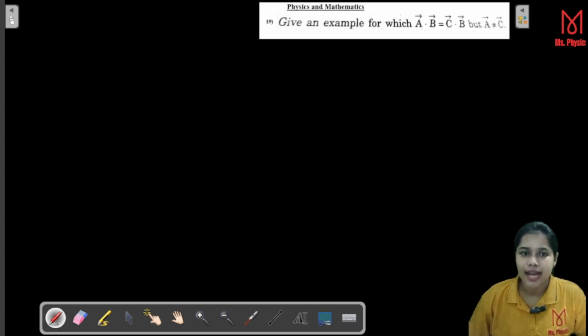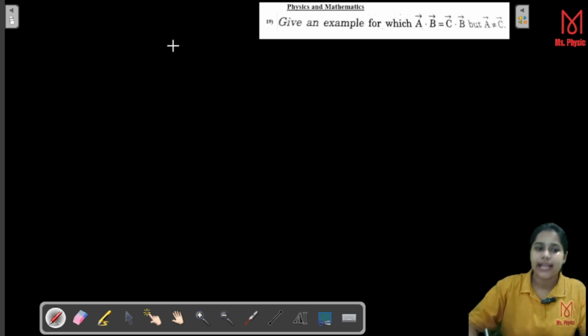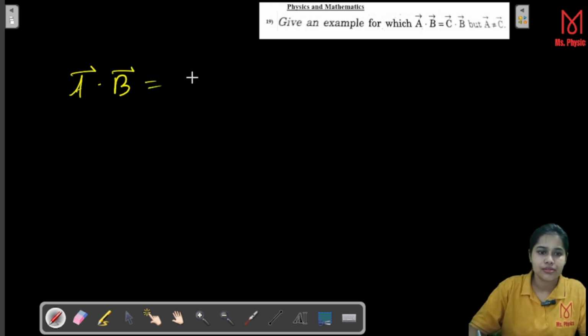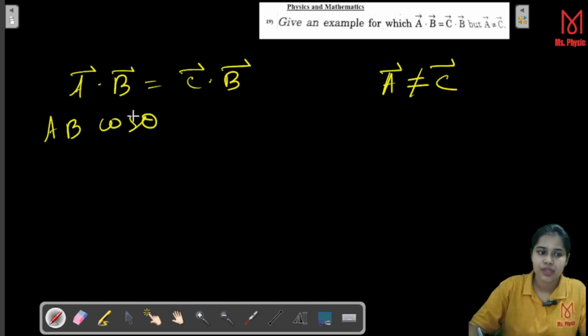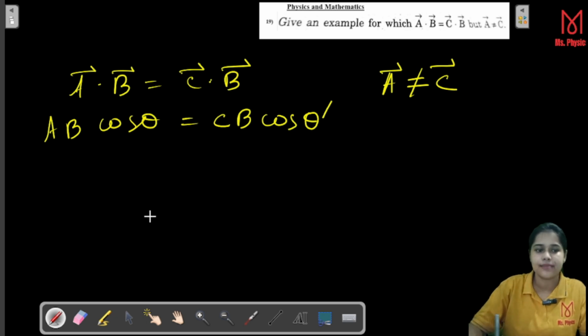Now here we have the 19th numerical. Give an example for which A dot B is equal to C dot B, and we have to prove A is not equal to C. So A dot B is equal to AB cos theta, and C dot B is equal to CB cos theta prime, supposing we consider the angle between C and B is theta prime.